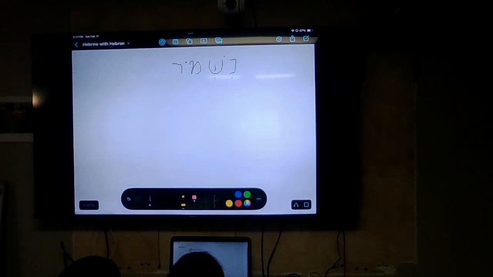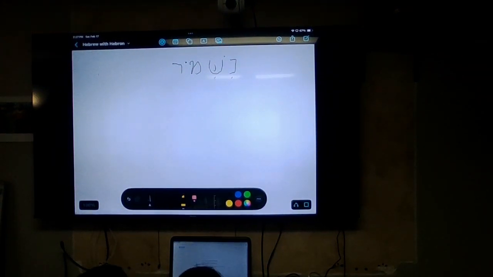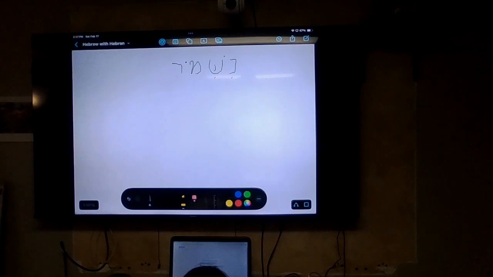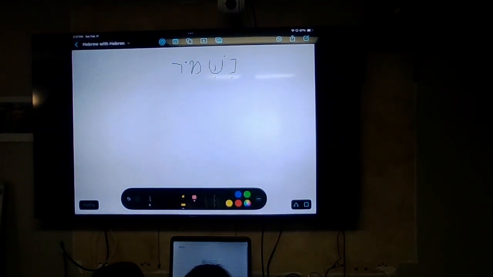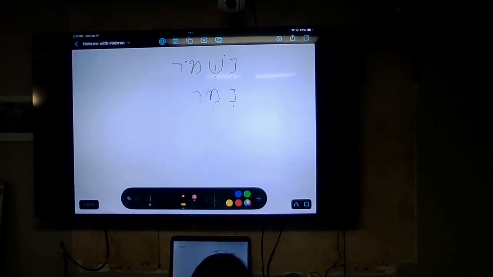Mered is mutiny. Okay, so what if we take Mered, mem resh dalet, and we put it into the same thing as we had on Nishmor? What do we have?